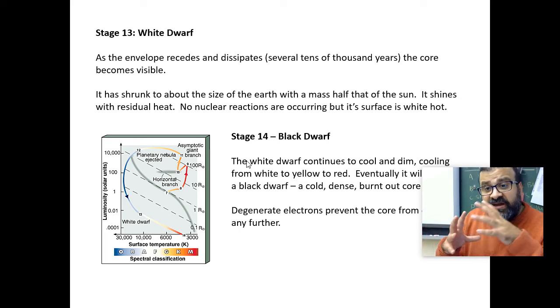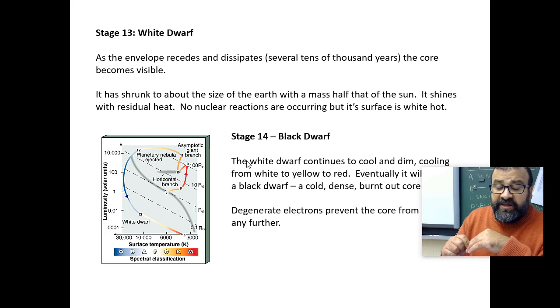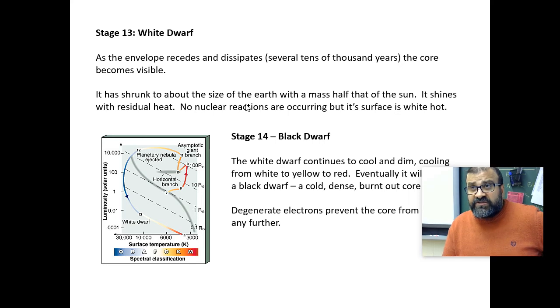What's left behind as that cloud of gas drifts away, at the very center, is the core of the star, the white dwarf. So that star has shrunk to about the size of our planet, but it's got half the mass of our sun. We can fit 1,000,000 Earths in our sun. Our sun is enormous, but half the mass of our sun is now compressed into an object the size of our Earth.